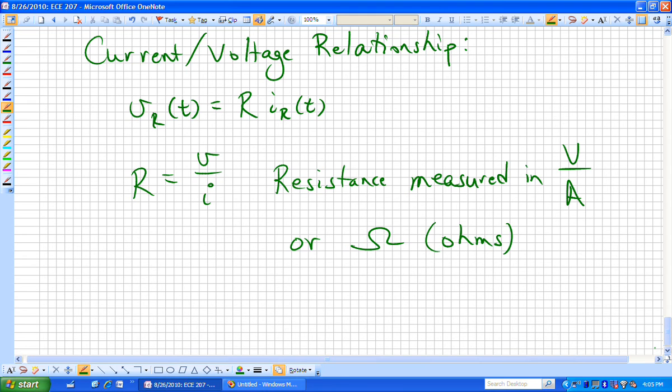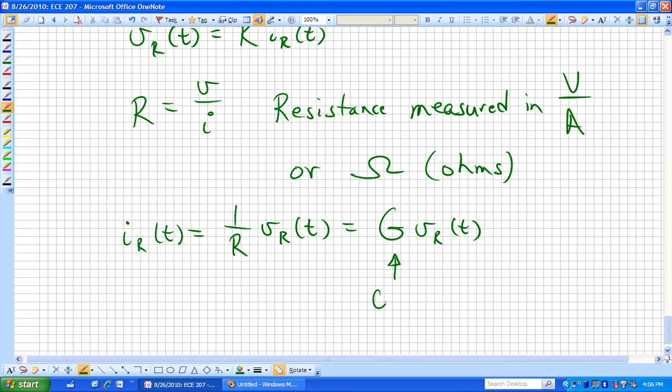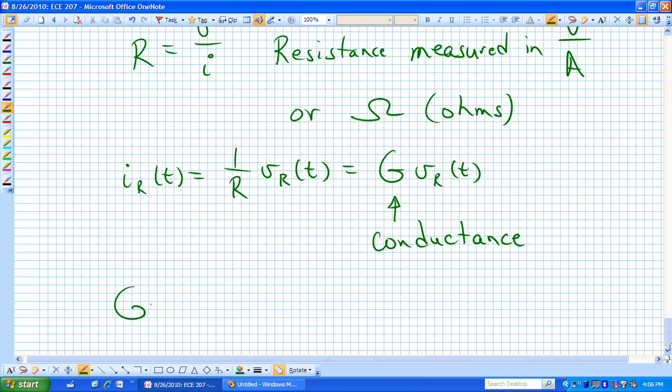And we could solve for current if we wanted to and say I sub R of t is now 1 over R times V sub R of t. And sometimes you might see 1 over R as another variable, which is G, and that's not resistance, but conductance, which is the reciprocal of resistance. And G is then I over V, or amps over volts.